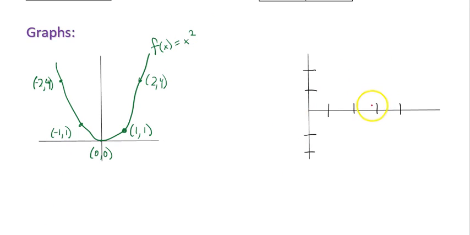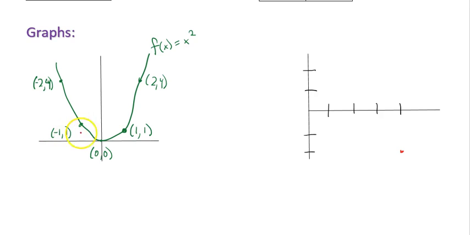Now we're going to come over here and graph the inverse of this. I'm going to start here, negative 2, 4. If I switch the x and y, I have 4, negative 2, so I'm going to plot 4, negative 2. Then I have the point negative 1, 1.